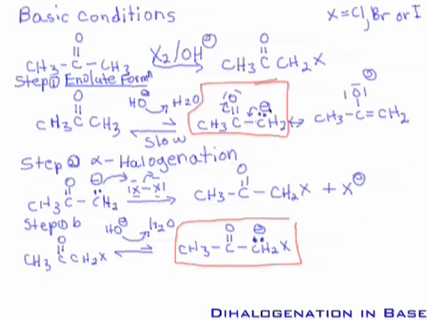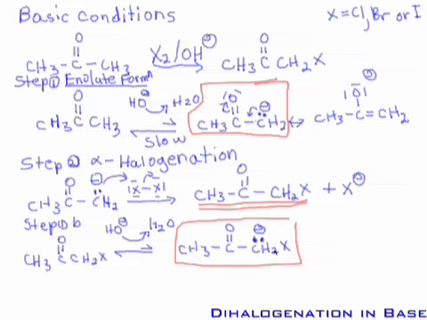Because of this, it's very difficult to stop at this product. Once it forms, it wants to undergo a second halogenation, and you get the dihalogen. And then it'll go on. That one would go even faster. Once you got the second one on, you pull another proton off.